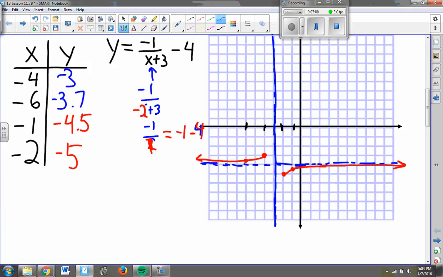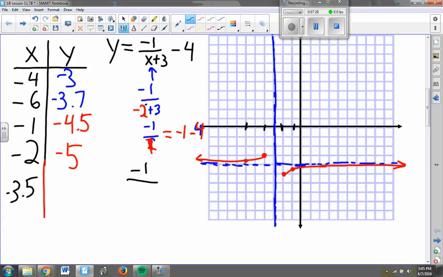This is my vertical asymptote. I cannot cross that. But as you can see, the function on the left, as I come with this piece here, is starting to turn upward, starting to get higher. And that's actually the case if I were to try something like negative 3.5 here in my x value.